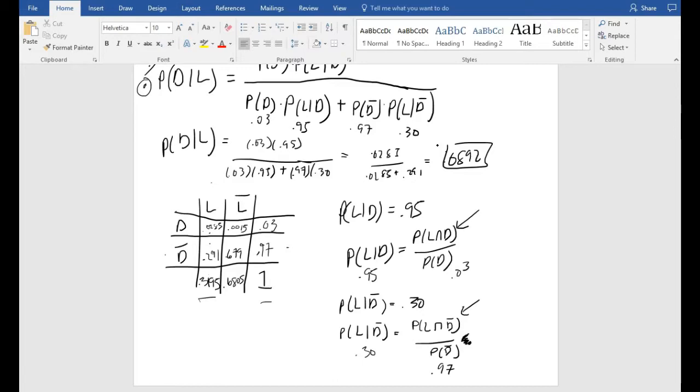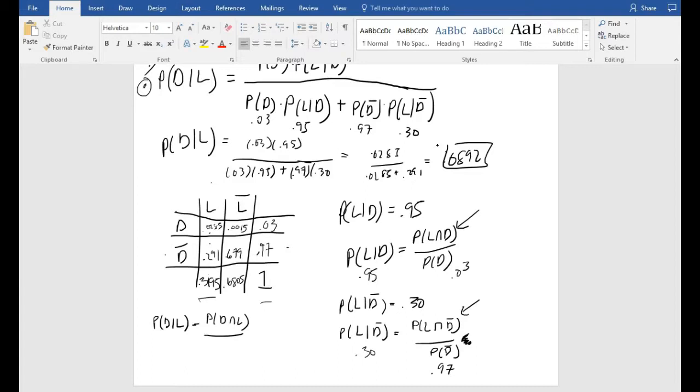All right. So if we would like to know what our answer is for A, as you can guess by my lead up to this, we know we're going to get this right. The probability of D given L is equal to the probability of D and L all over the probability of L. So this is just our general conditional form.